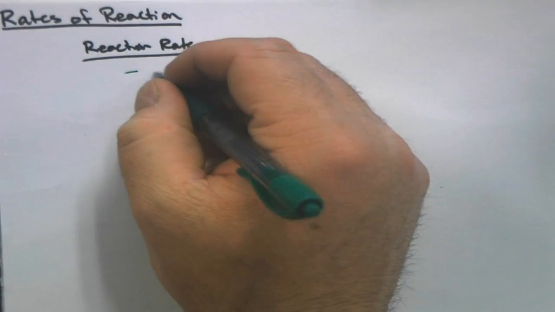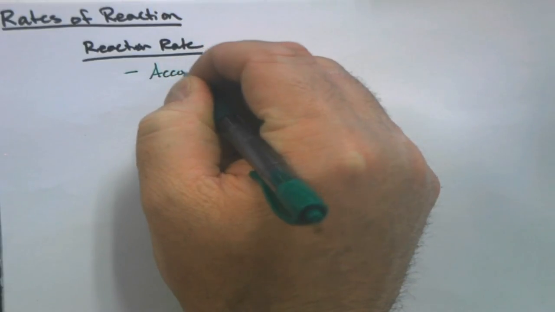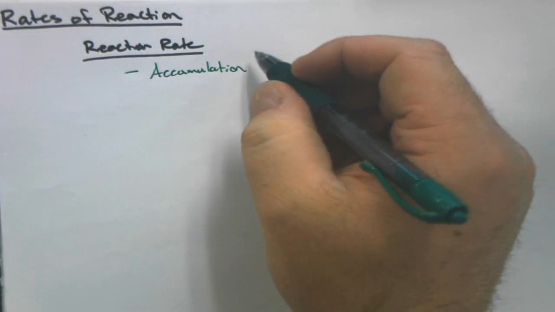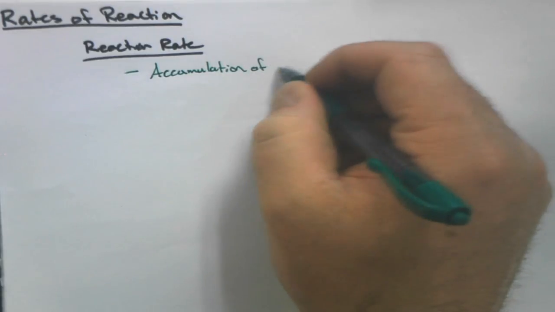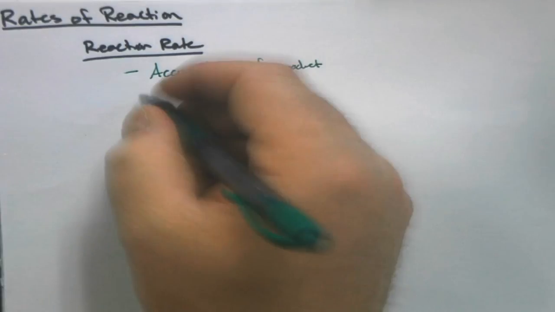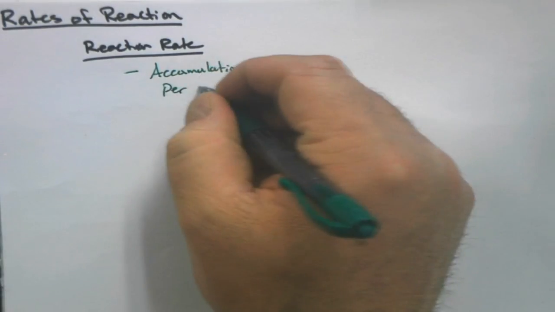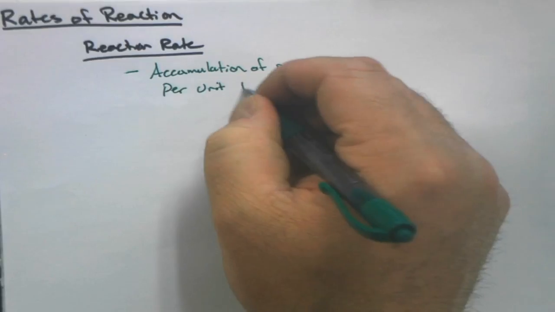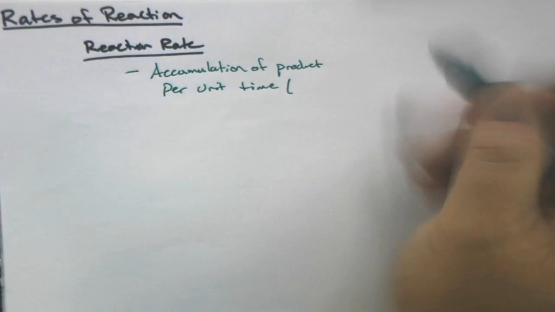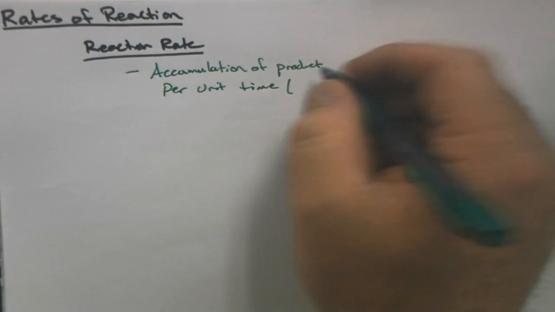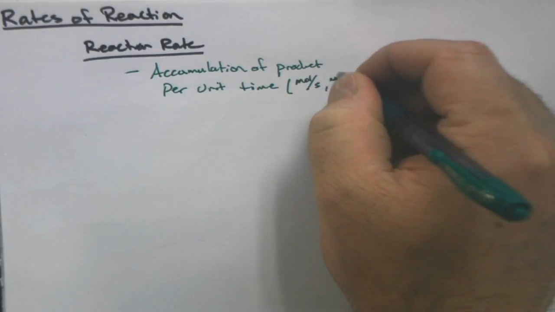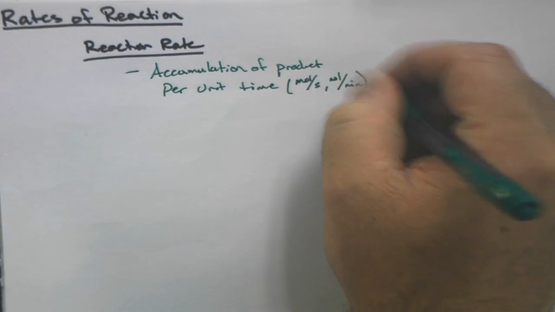It is either the accumulation of product per unit time, also known as moles per second or moles per minute or something like that.